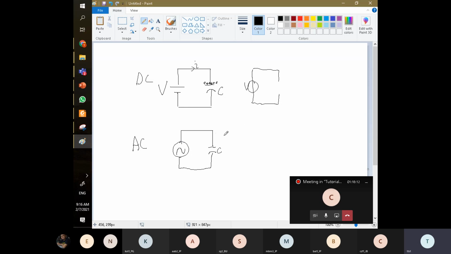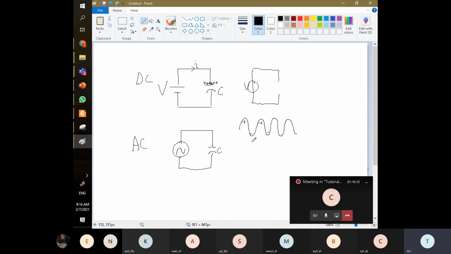Because for AC we have this waveform going positive, negative. The power is generated from the generator, where as the thing rotates we get the south pole and north pole, south pole and north pole, rotating.